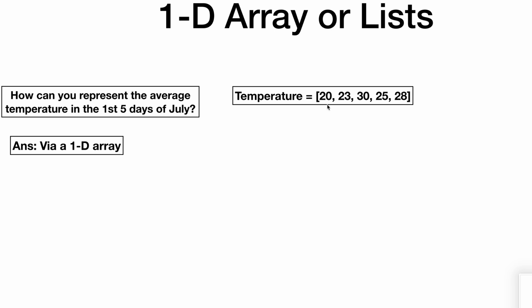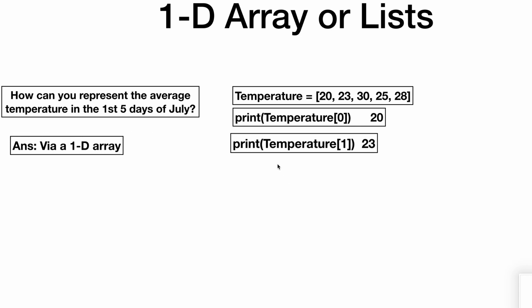Now, if you wanted to access different items or different elements in the list, how would you go about it? Well, you'd say print temperature 0 and the output is 20. Print temperature 1 and the output is 23.